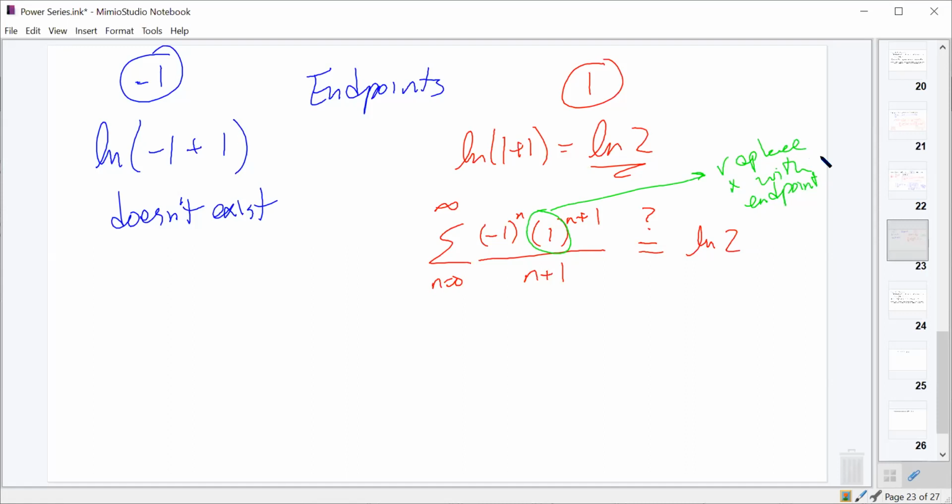Everybody good with that? Conceptually, with how we're doing this, how we're checking for the endpoint? Or no?